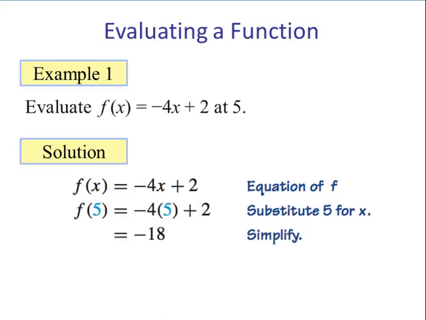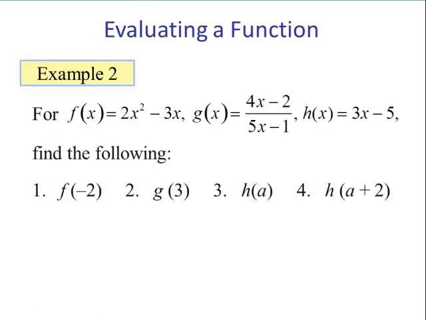Then following the order of operations, we multiply and then we add 2. We get negative 18. So we would say f of 5 equals negative 18. Now as an ordered pair, when x is 5, the dependent variable is negative 18.